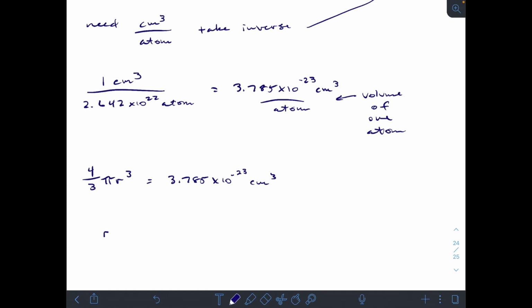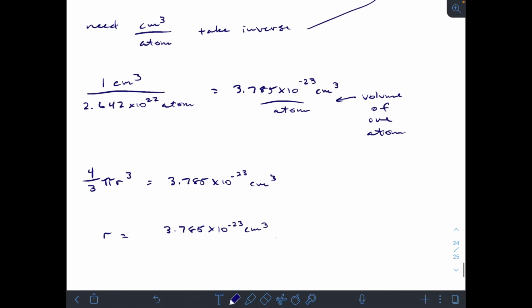So do a little rearranging. So r equals the volume divided by 4/3 pi, and that's all cubed root.